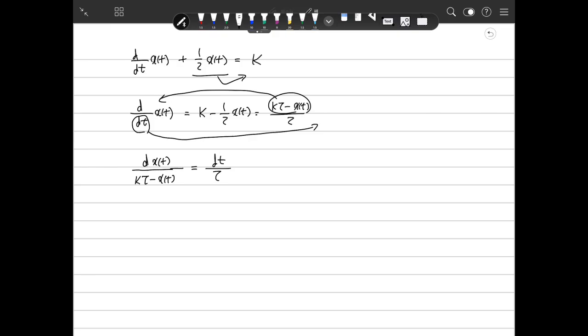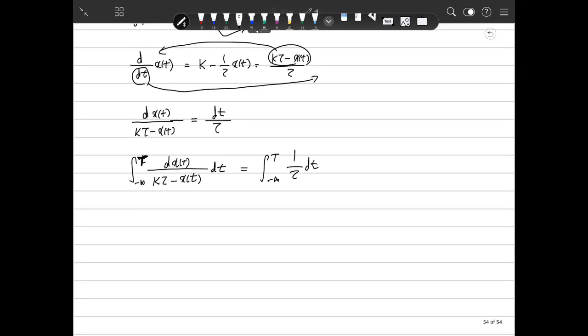Then what will we do? We integrate both sides, from minus infinity to t. Anyway, we use t, so I will change the variable. The integral of dx over k tau minus x equals the integral from minus infinity to t of dt over tau.